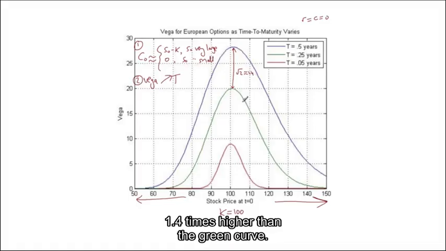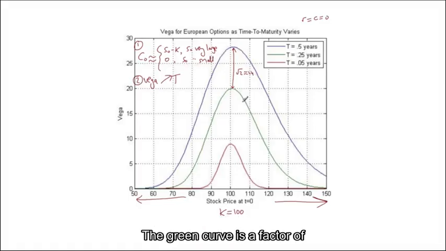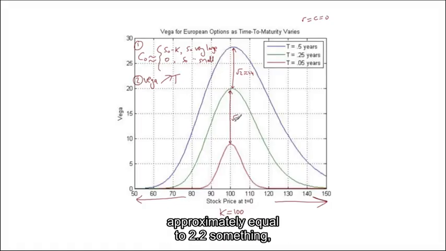However, in my Black-Scholes volatility world, if I have a volatility surface like this, then this is going to be sigma K2, and this will be sigma K1. So clearly sigma K1 is greater than sigma K2.